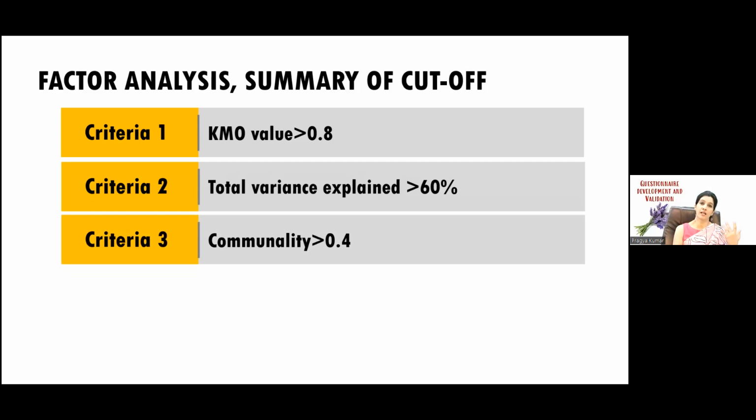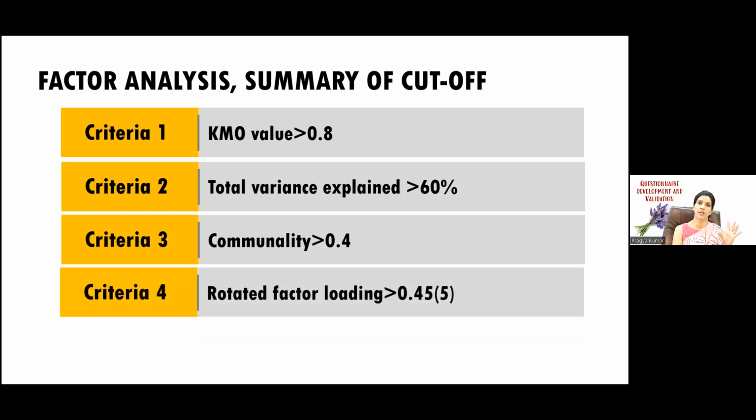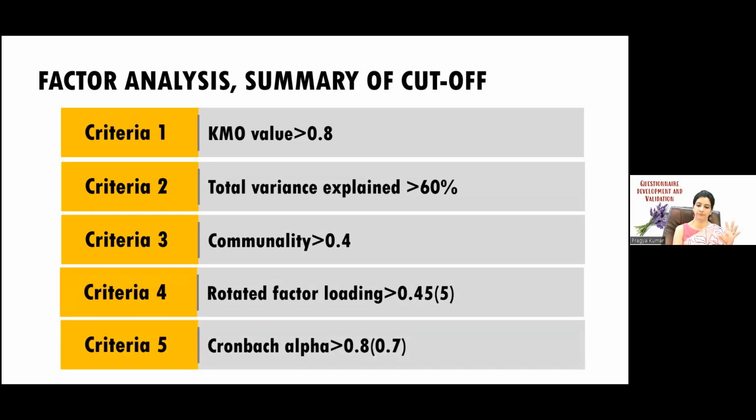What we call a high loading should be at least more than 0.4. And then there is something known as the rotated factor loading, which should be more than 0.45. We will understand this concept of rotation also, please hold on for some time. And then the value of Cronbach alpha should be more than 0.8. So remember all these values to analyze and interpret the result.